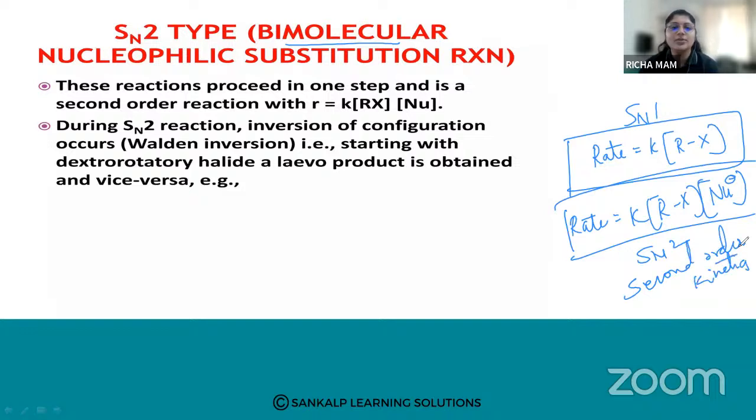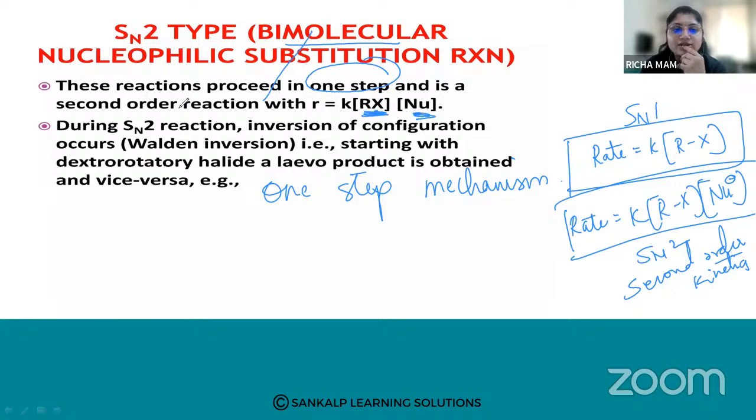Now we will study substitution nucleophilic bimolecular reaction. The SN1 reaction proceeds via two steps; in SN2, the reaction proceeds via one step. It is a one-step, second order reaction, and the rate depends on the concentration of the substrate as well as the nucleophile.